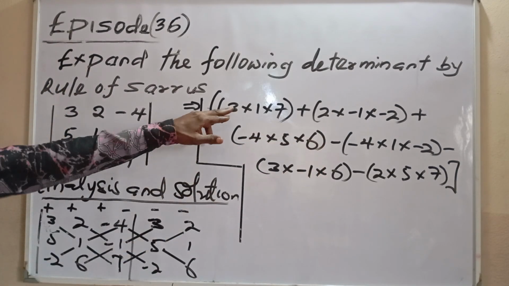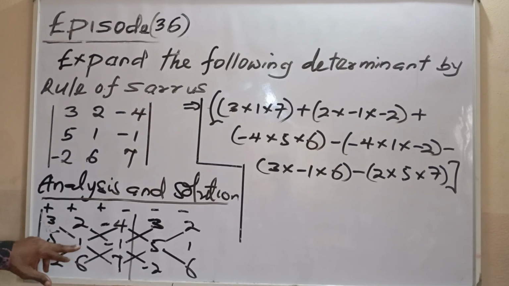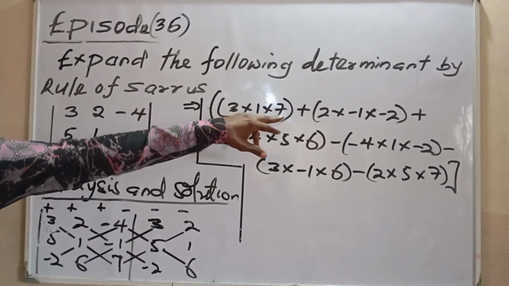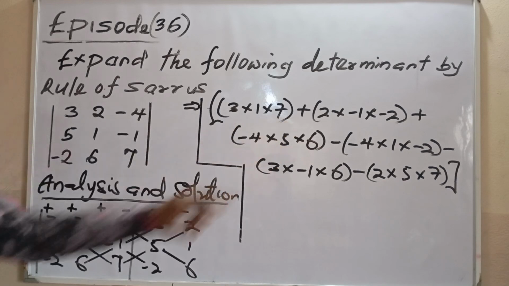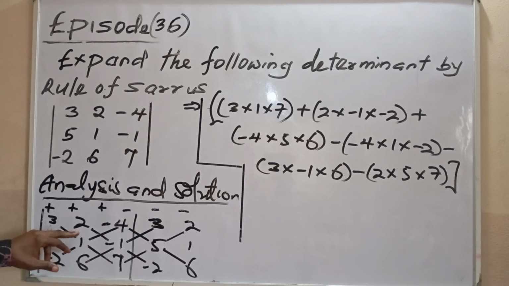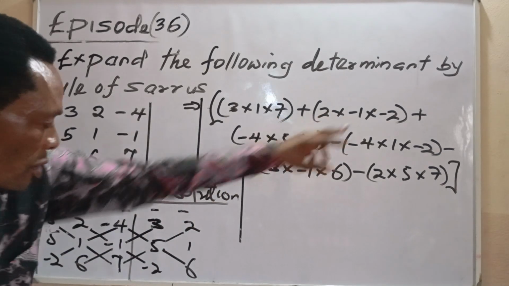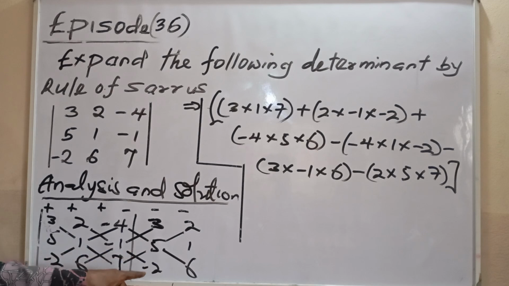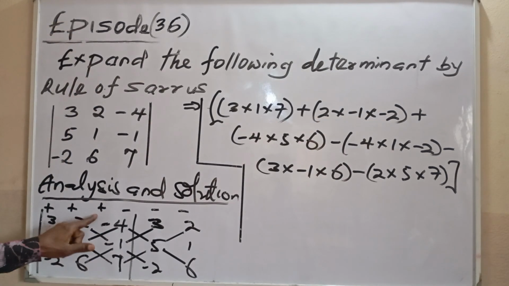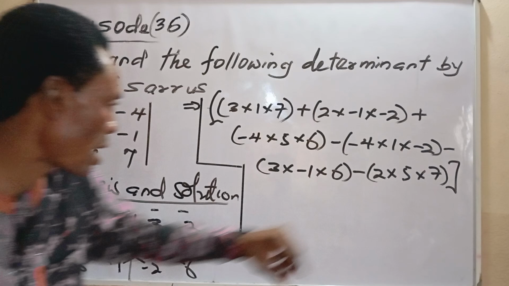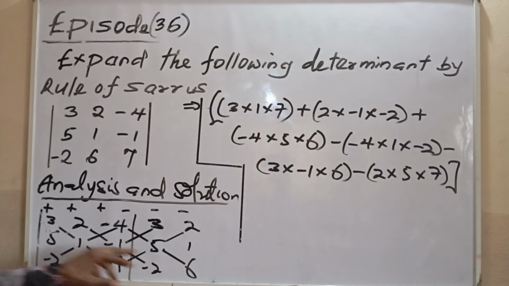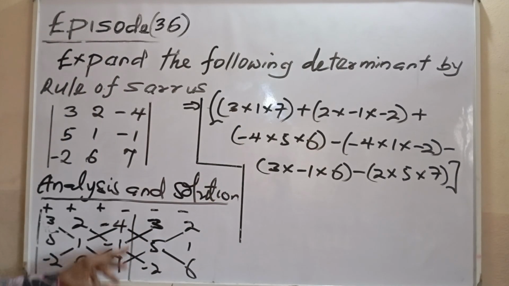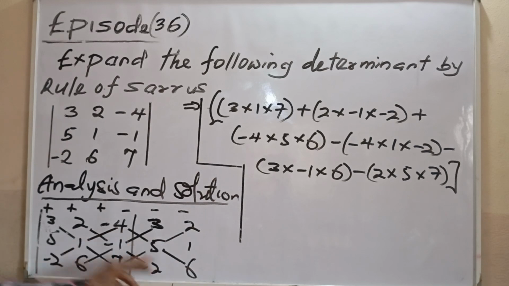From here, this is 3 times 1 times 7, plus 2 times minus 1 times minus 2. Coming to this one, plus again, open bracket, this is minus 4 times 5 times 6.